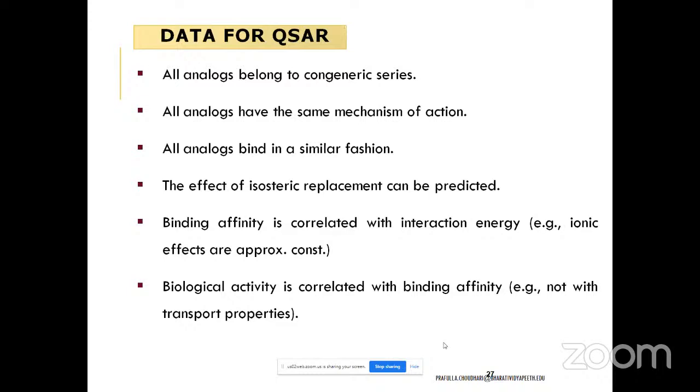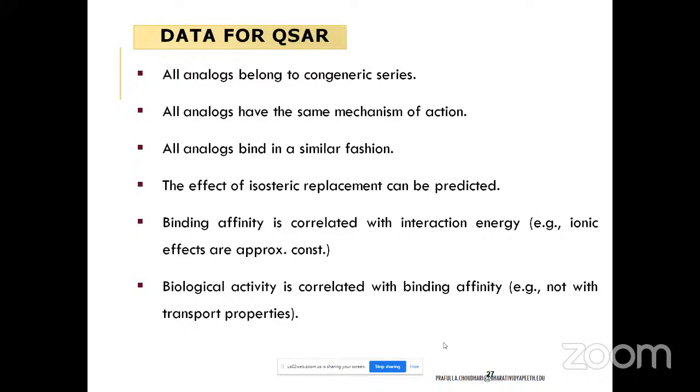Also, due to their mechanistic changes, their structure requirement is changed, because every receptor has different binding cavities, binding domains, or you can say binding active sites, so their structural requirements are quite different. Due to the change in the structure requirement, their physicochemical properties will be changing, or there will be a different physicochemical requirement for that particular receptor.